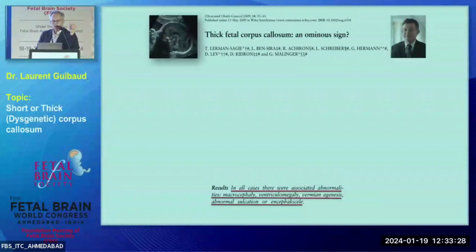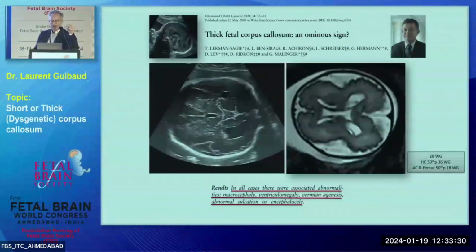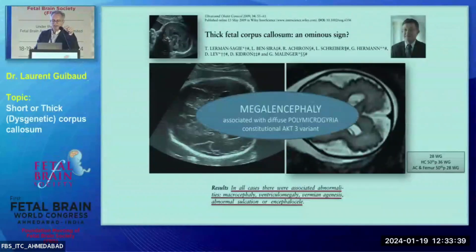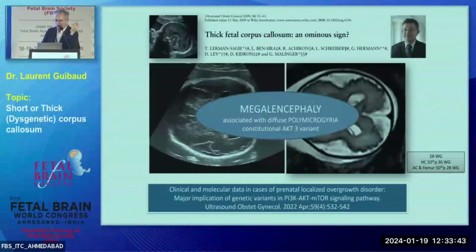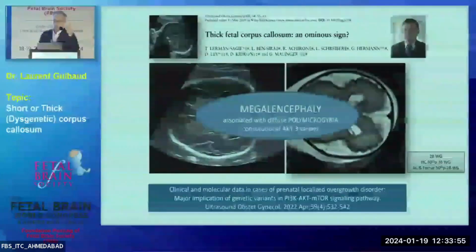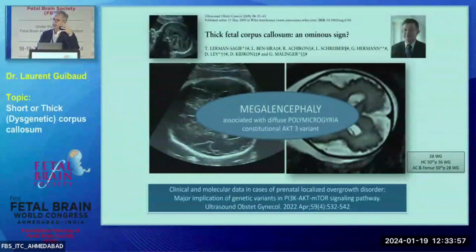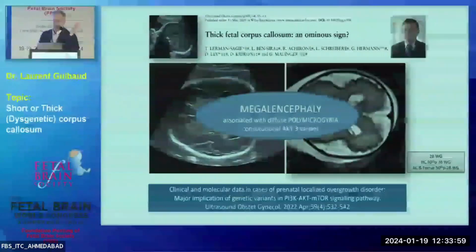If we look at this case carefully, I showed you this case yesterday when we spoke about ventriculomegaly. In that case, there is macrocephaly, and it was a megalencephaly due to PI3K pathway variants. And we published this paper about this disorder leading to overgrowth of the brain, and not only of the brain. And when you have megalencephaly, in almost all cases, you have a thick corpus callosum.